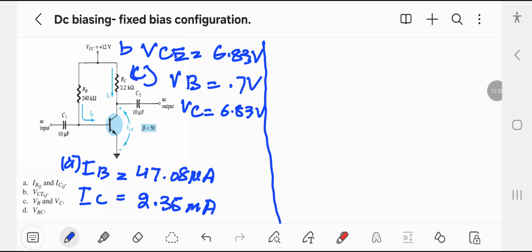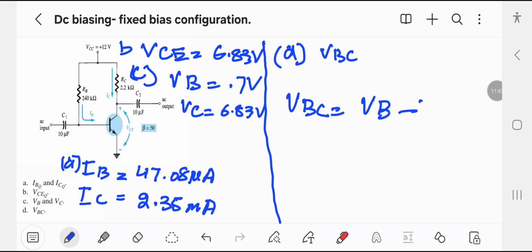Now to find VBC in the fourth case, which is the D case, VBC is actually equal to VB minus VC.